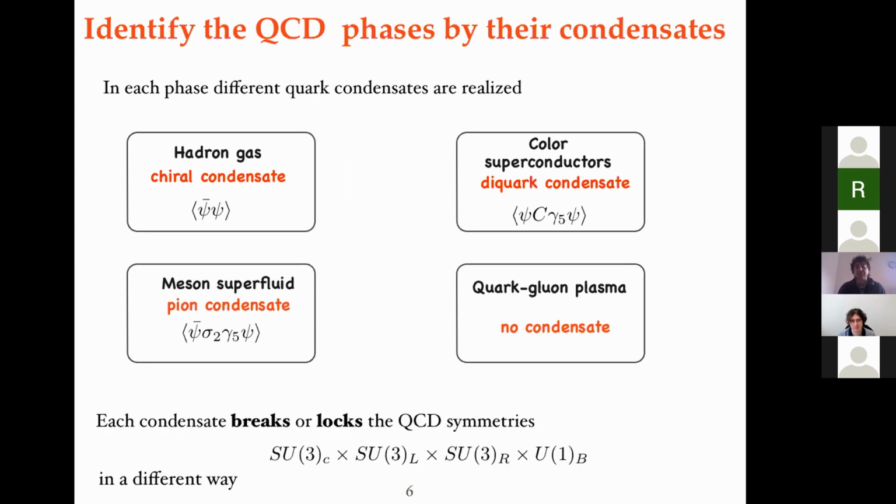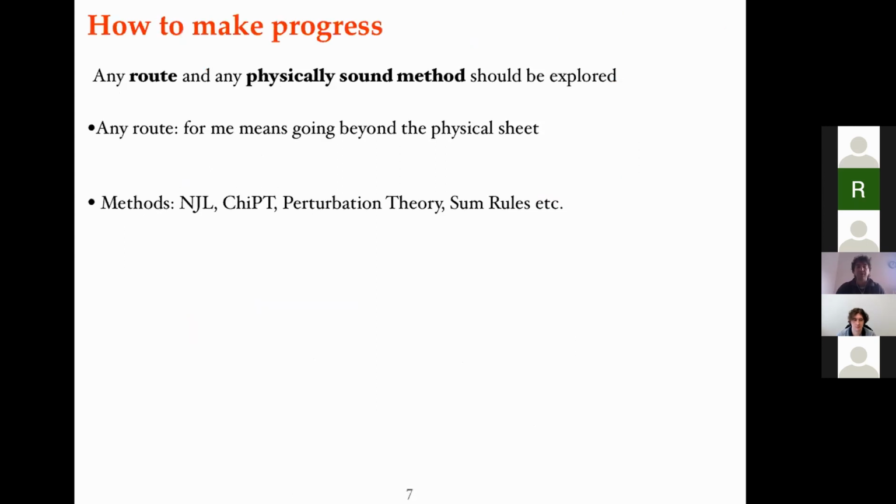And this condensate breaks or locks the symmetries of QCD in a different way, and depending on how it's broken, you have a phase with different properties.